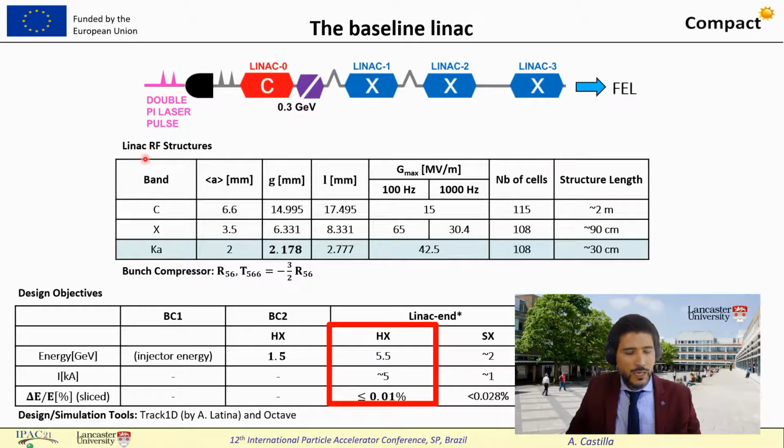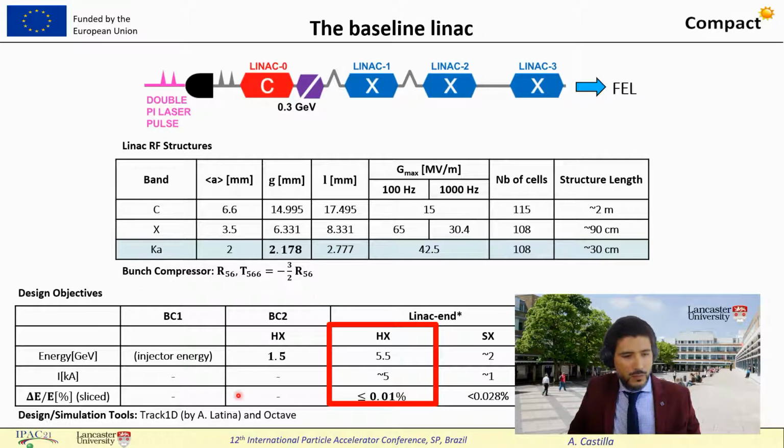In this table I am summarizing some of the geometrical parameters of the different structures, C-band, X-band, and the 36 GHz, and you can see also the maximum gradient, how for the X-band we have to drop it roughly by half when going from 100 Hz to 1 kHz repetition rate.